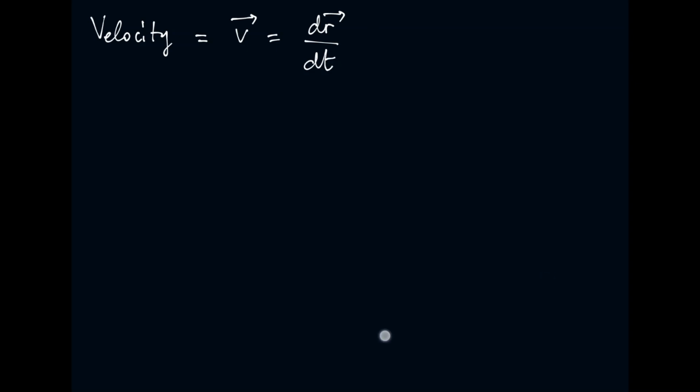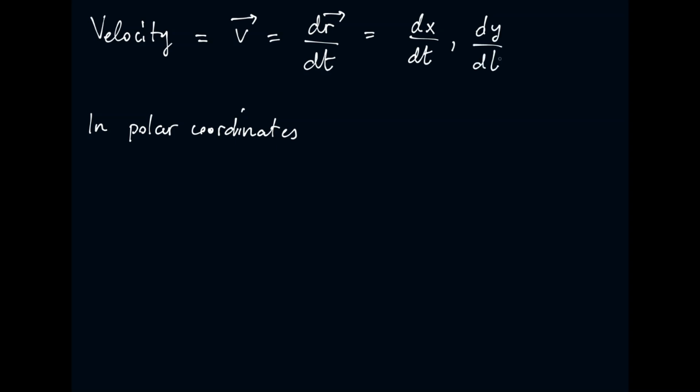Now, what about velocity? I had started this conversation by saying that velocity, typically, we write it as the time derivative of the position vector. As it turns out, in polar coordinates, in the same way as in Cartesian coordinates, velocity has a horizontal x and a vertical y component.